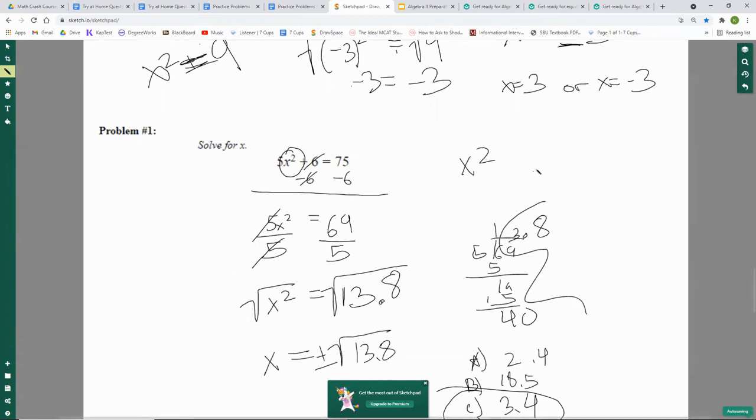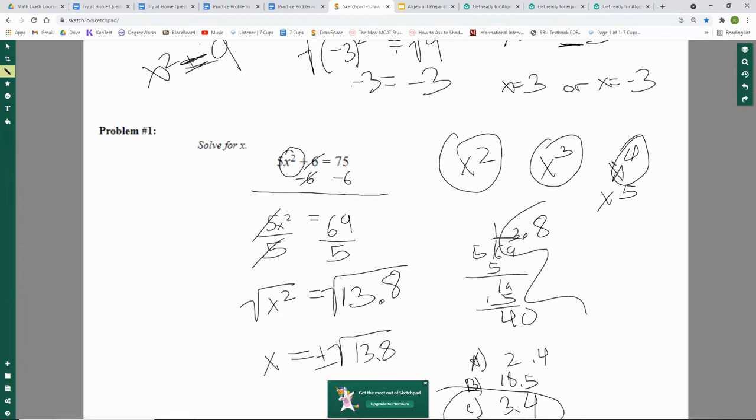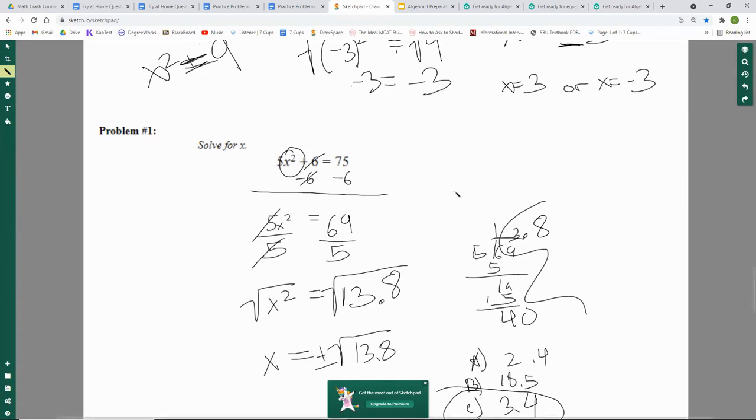As we go into the future, where we get x to the power of 3, that is a cubic function, whereas this is quadratic, and then we can get crazy. We definitely won't be touching x to the power 4 or x to the power 5. I don't even know what those are called, but with quadratic equations, we get something to the power of 2.